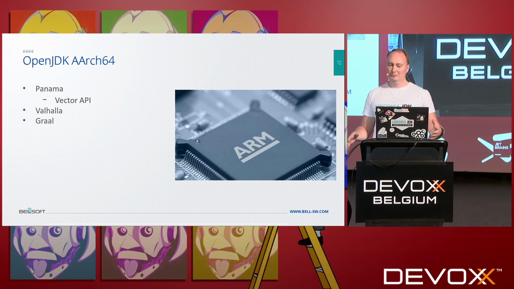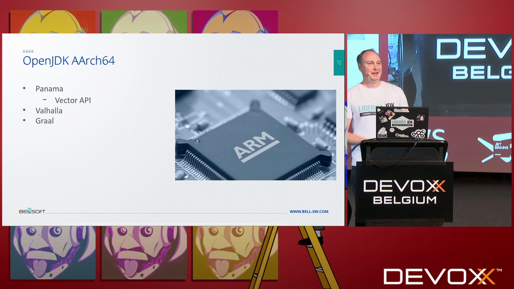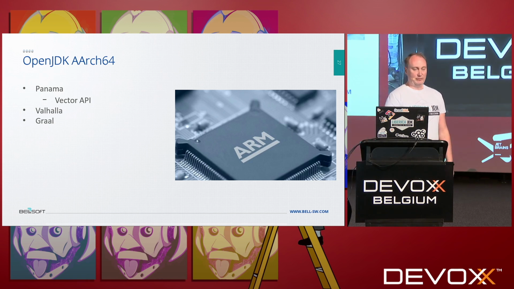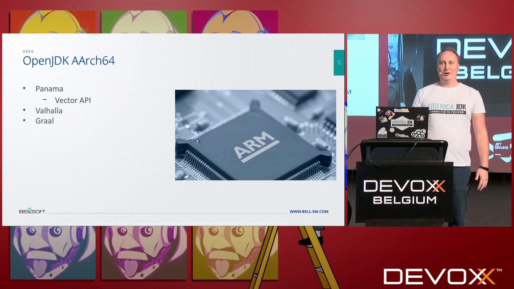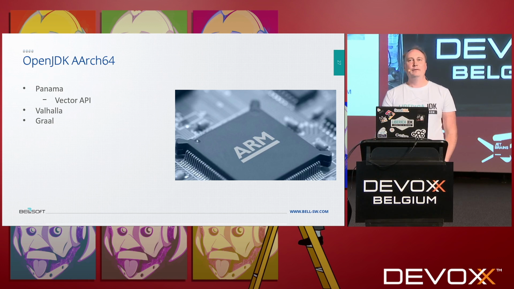Things work. Thanks, BellSoft. And also projects like Graal, which is technically not an OpenJDK project, but still a key part of OpenJDK nowadays. And there are fixes, there is support for ARM 64-bit, and development and optimizations go on.